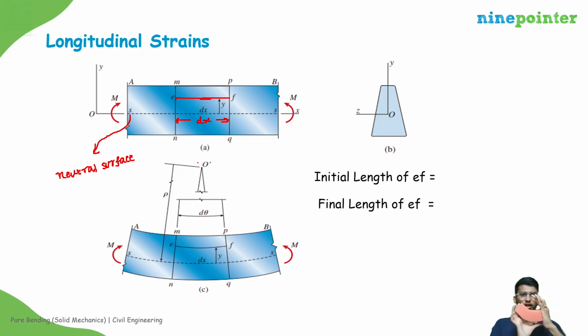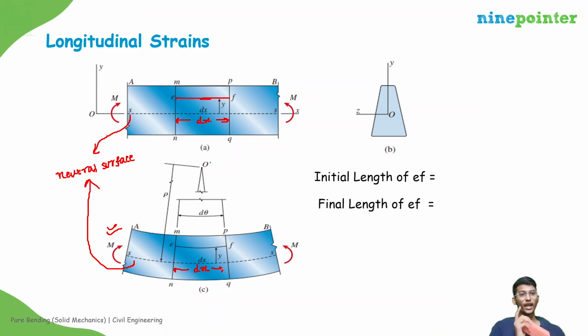So the deformed beam will look like this, which we have drawn over here. In the deformed beam, we already said that the line present in the neutral surface will not undergo any deformation. So this is the neutral surface, and this length will remain dx again.